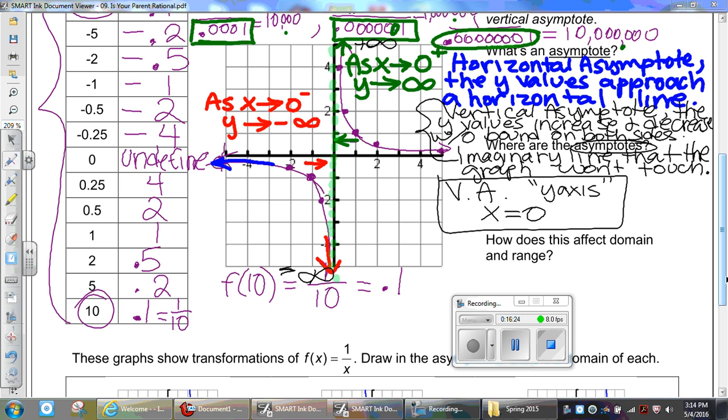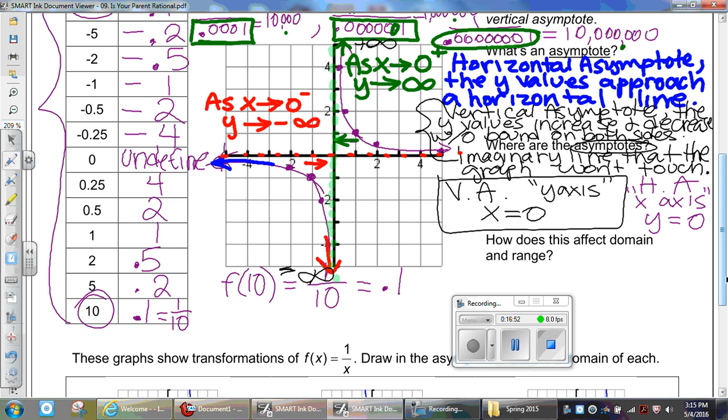Now we also have a horizontal asymptote. And that one is actually this line here, which happens to be the x-axis, and the equation for that would be y equals 0.